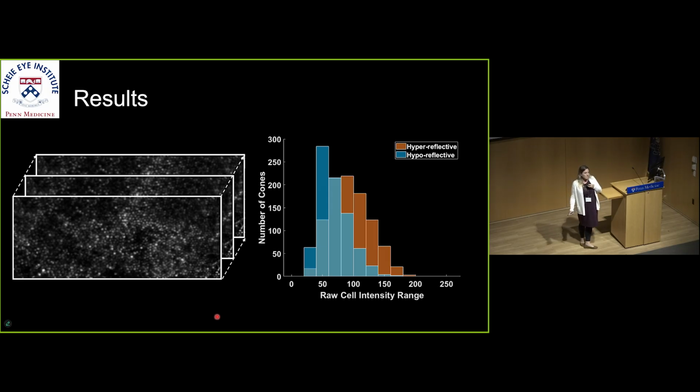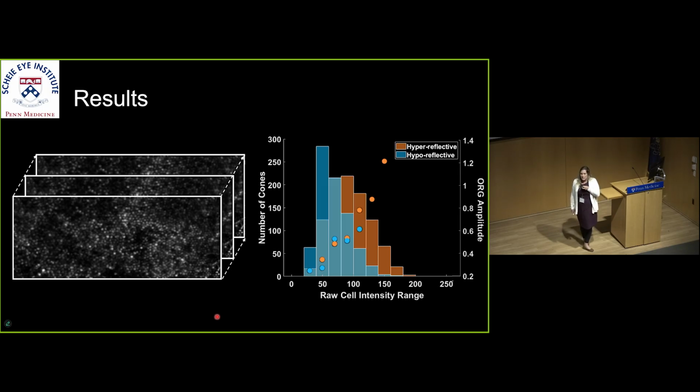And what we found is that those hyporeflective cones on average are dimmer, have a lower range than the hyperreflective cones. And if we then look at the optoretinogram amplitude throughout this histogram, we do find that the difference in the ORG for the hyperreflective patches is likely driven by the cones that have these higher signals.